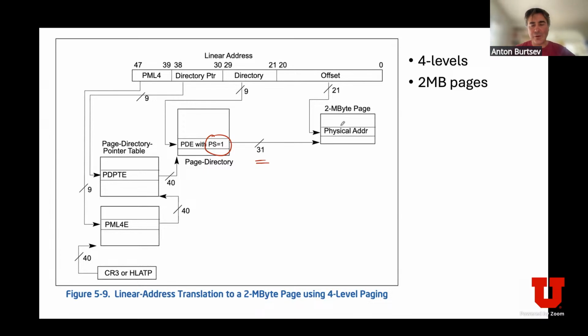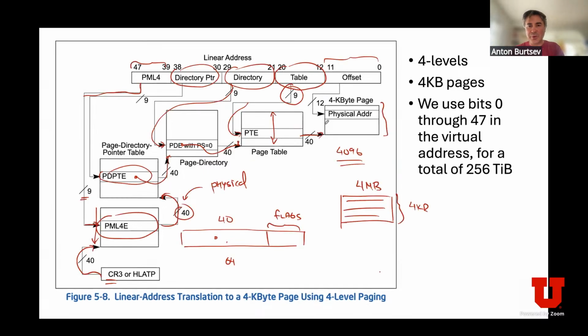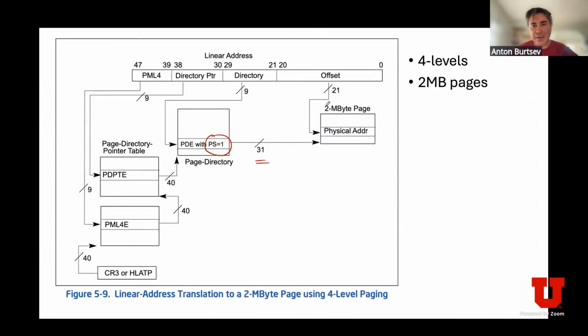Since on the previous slide one level has 512 entries multiplied by 4096 bytes, that equals 2 megabytes. So the super page is 2 megabytes in size, and the offset will be 21 bits, right? Makes sense? Okay, cool.